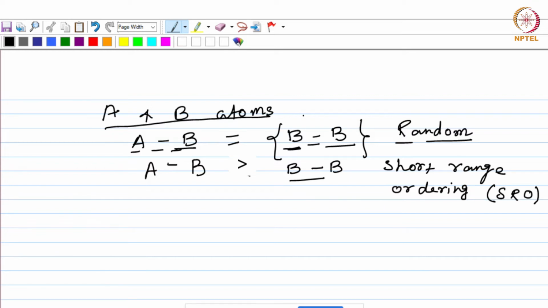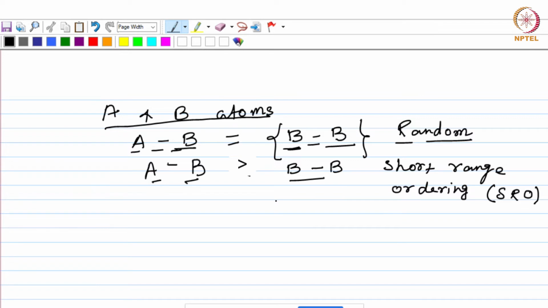Okay, so if this kind of tendency of having dissimilar atoms prevails over a short range in the lattice, and you have an arrangement of A having B as their neighbor, then that is known as short range ordering.